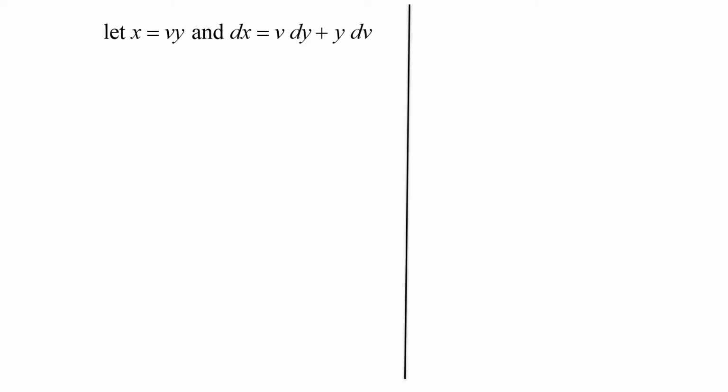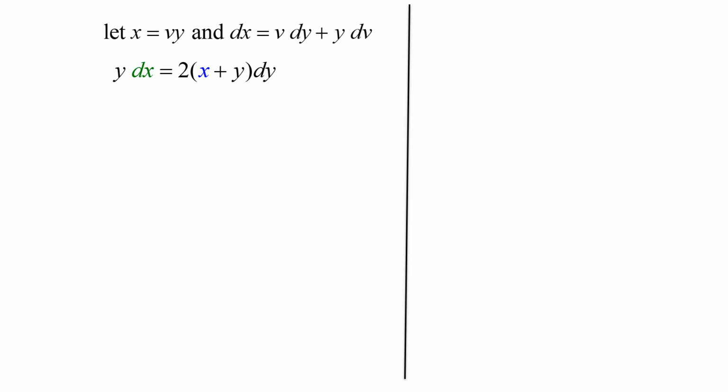To solve our differential equation, we'll use one of our substitution factors. For this one, we're going to let x equal vy, and then dx will equal v dy plus y dv. We're going to substitute these factors into our differential equation. So we had y dx equals 2 times (x plus y) dy.